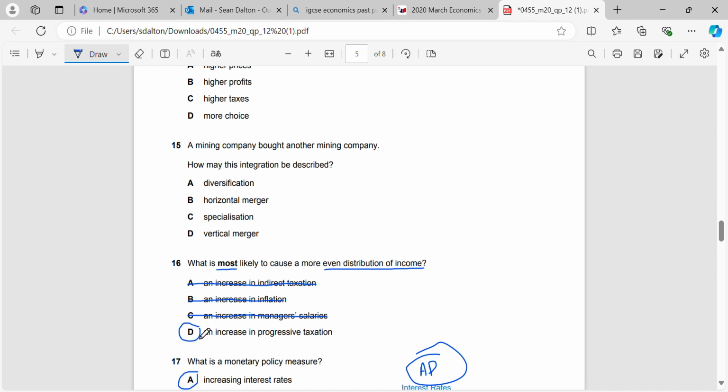But if we have an increase in progressive taxation, that might allow us to distribute income more evenly. Progressive tax, remember, is the more money you earn, the higher the percentage of tax that you pay. And the lower income you earn, the less tax as a percentage that you pay. So you get to keep more of your gross salary.